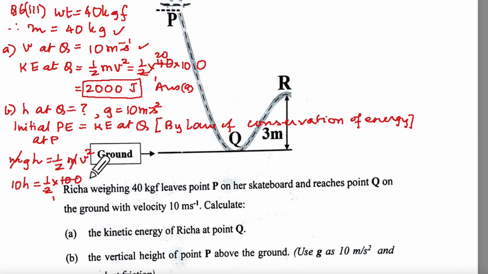So 2 ones are 2, 50, so h turns out to be 50 upon 10, that is 5 meter. Did you get this as the answer? Write it in the comments if you got that right. This is your answer B. This is the height at P.